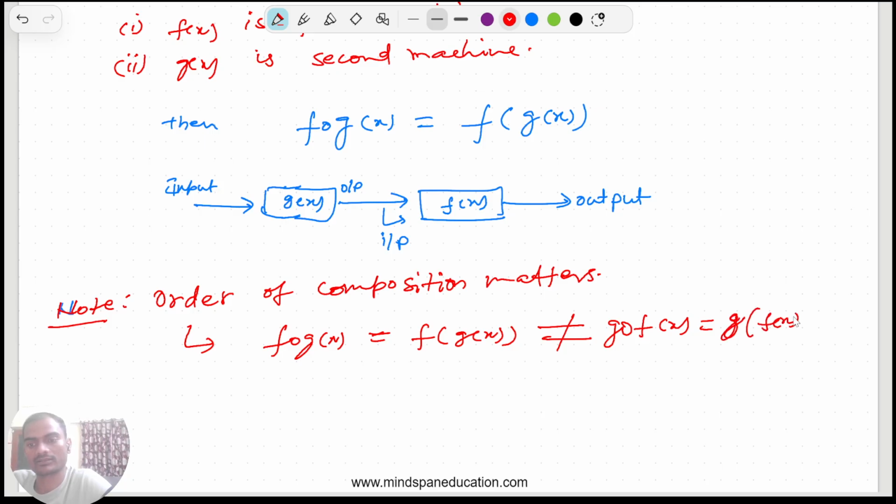They may be equal in some cases, but in general, they are not equal.